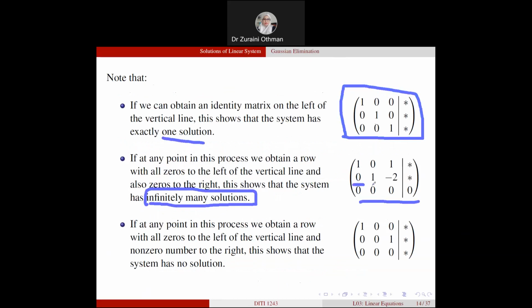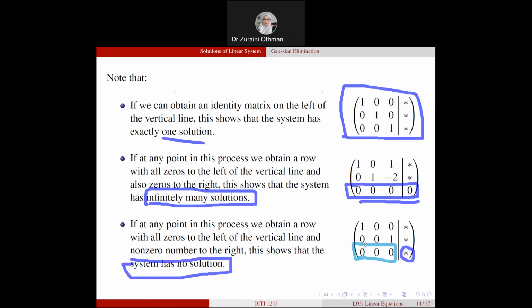If there is a pattern like this, where the last row has all entries 0, this is what we call infinitely many solutions. And at any point in this process, if we get a row with all zeros on the left but the right side has a number, this shows that the system has no solution.